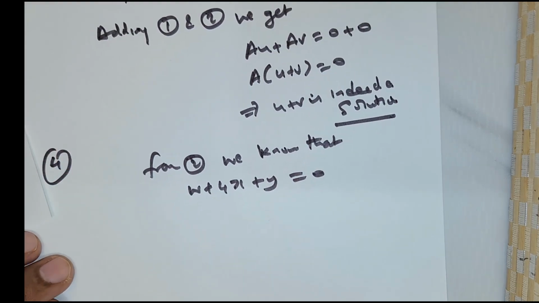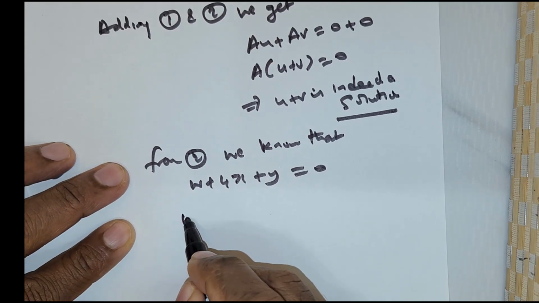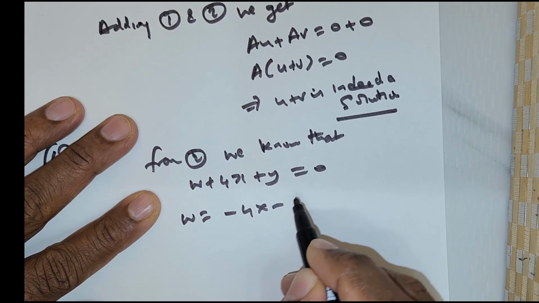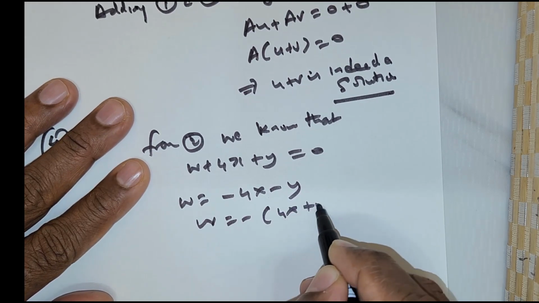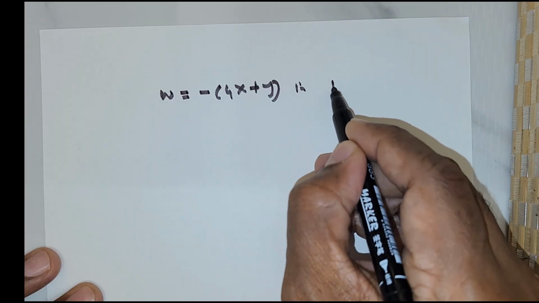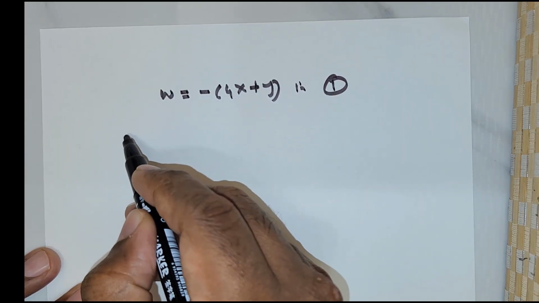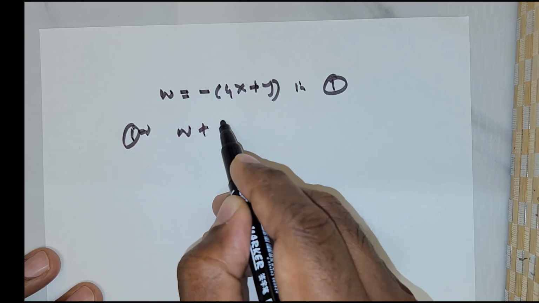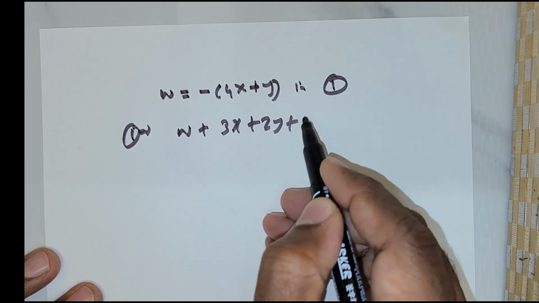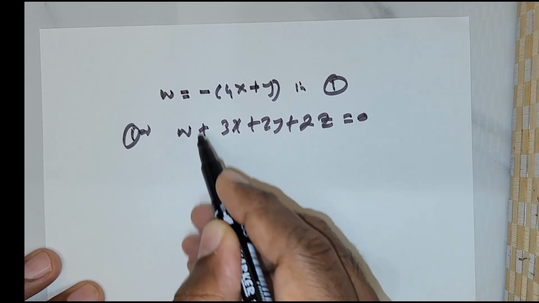So this means we can have a representation of one variable in terms of the other variable. So W is equal to negative 4x negative y. So what is our 1? Our 1 is W plus 3x plus 2y plus 2z is equal to 0.